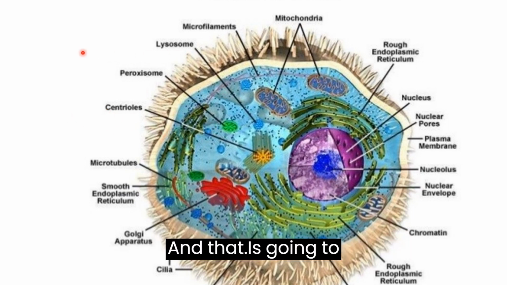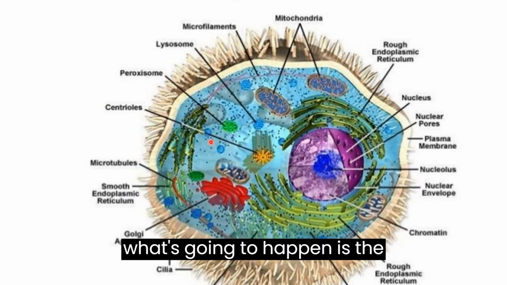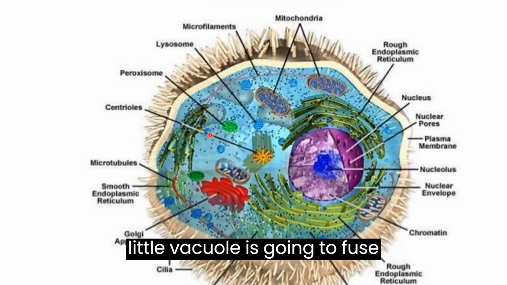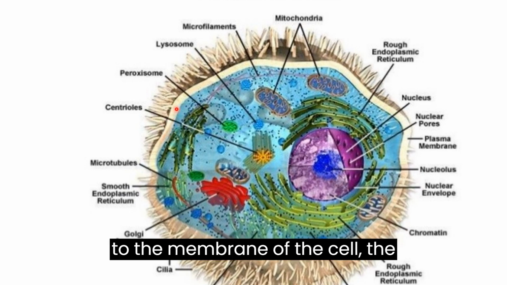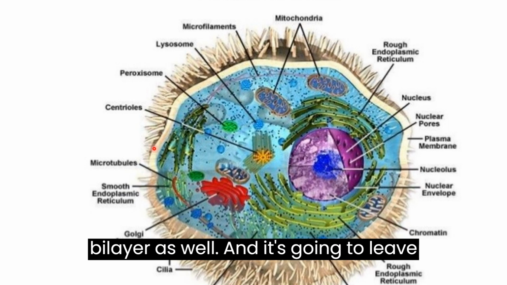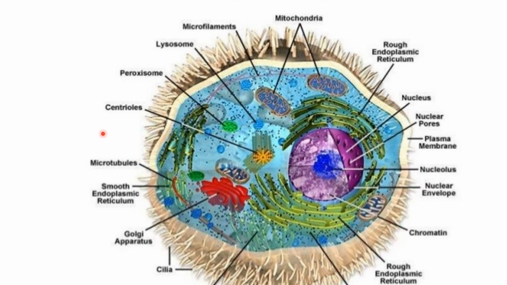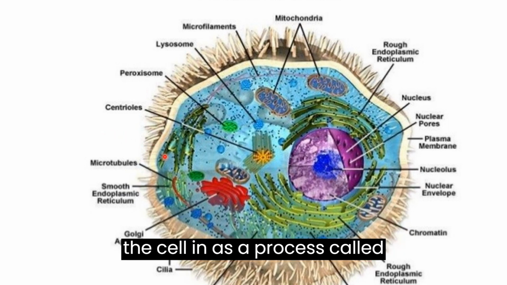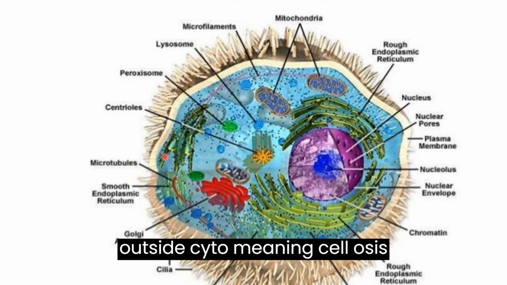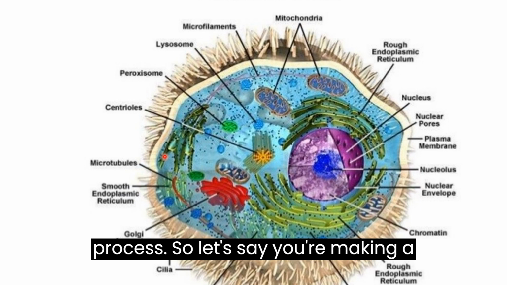What's going to happen is the phospholipid bilayer, which makes a little vacuole, is going to fuse to the cell membrane, which is a phospholipid bilayer as well. And it's going to leave the cell in a process called exocytosis. Exo meaning outside, cyto meaning cell, osis a process.